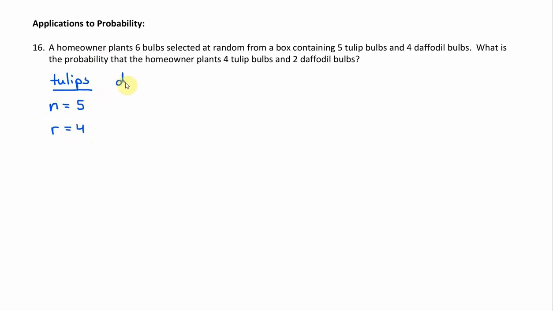Then for the daffodils, there N is 4 and R is 2, because we have to pick 2 daffodil bulbs out of 4. Then all together, what's happening is that there are 9 bulbs in the box total, right? Regardless of what kind of flower they are. And we're picking 6 of them.